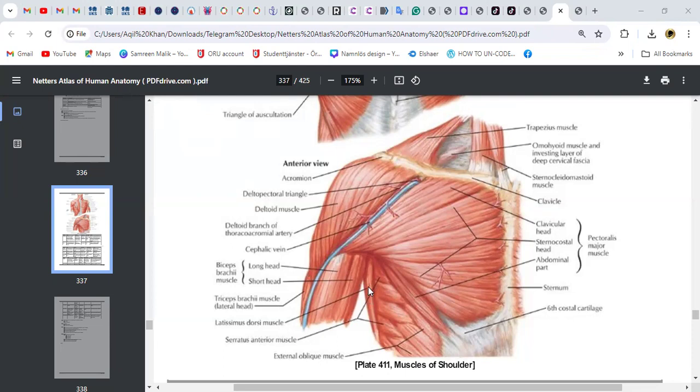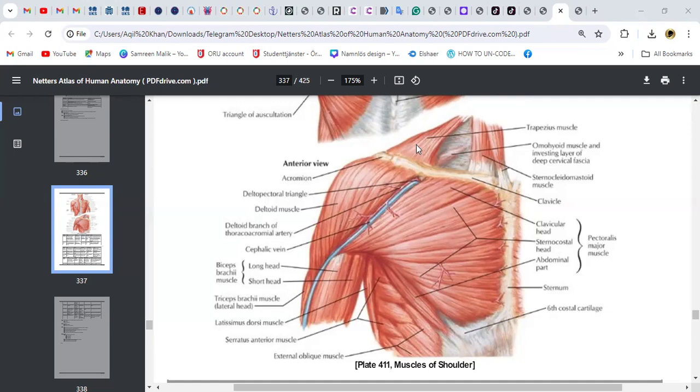It's mostly the muscle which is used in climbing, when you're climbing mountains, etc. That's when the latissimus dorsi comes in handy. Coming back to trapezius, when you lift your head up, then it's the trapezius.